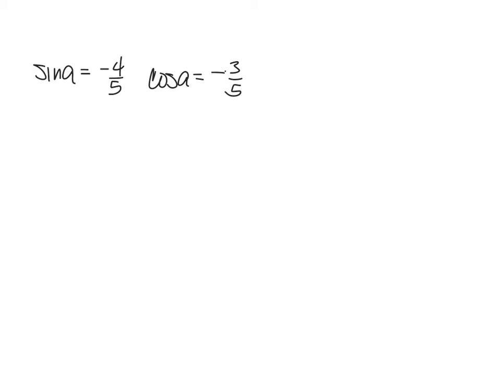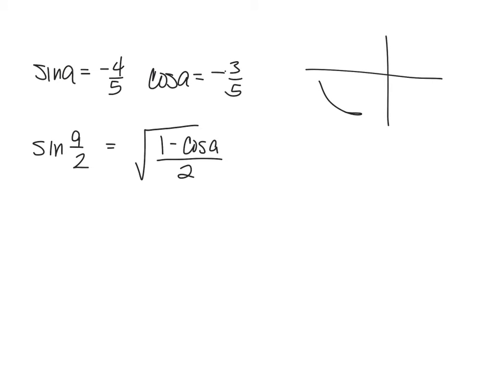Okay, this problem wants us to find sine A over 2. My formula is the square root of 1 minus cosine A over 2. And I'm in quadrant 1, correct? Find the problem again. Between pi and 3 pi over 2, it looks like I'm over here, and there my sine is negative.